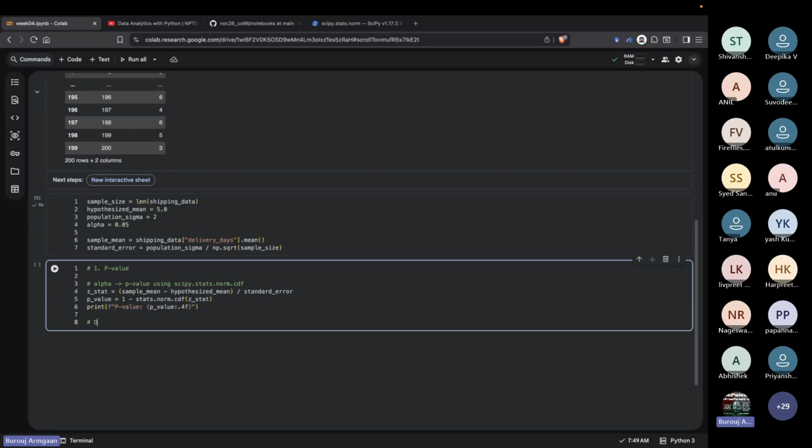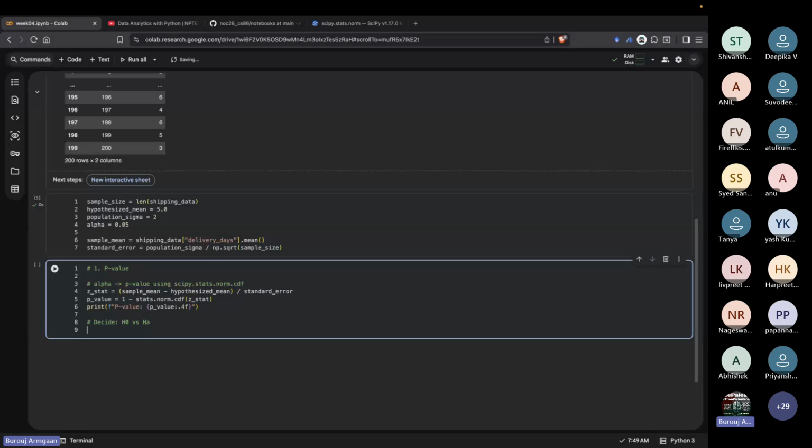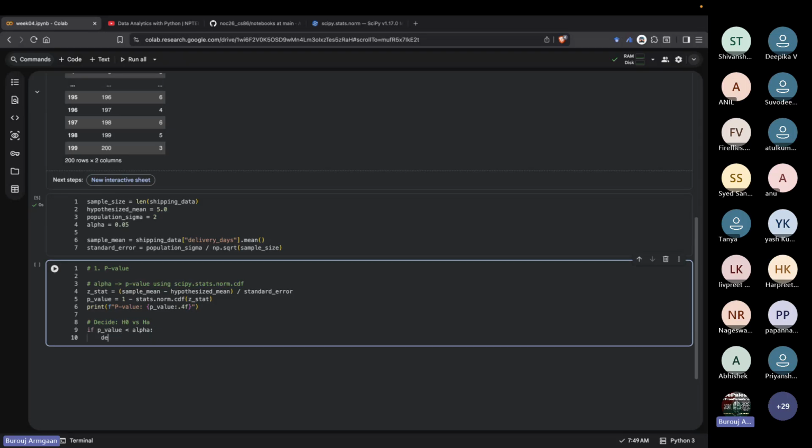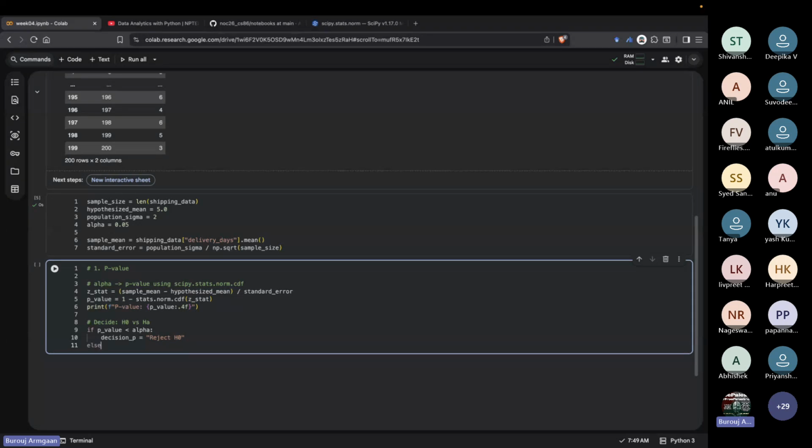Now, how do we decide between the null hypothesis and the alternate hypothesis? We have to compare the p-value against the alpha. If the p-value is less than alpha, then your decision would be to reject the null hypothesis.